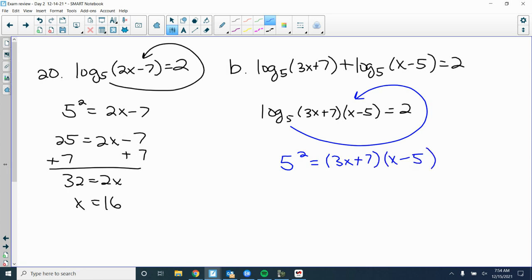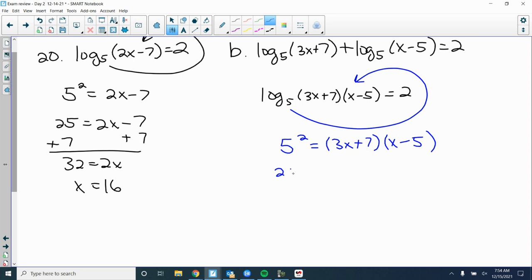Here I am going to have to FOIL. So 5 squared is 25. 3x squared minus 15x plus 7x gives me minus 8x minus 35.